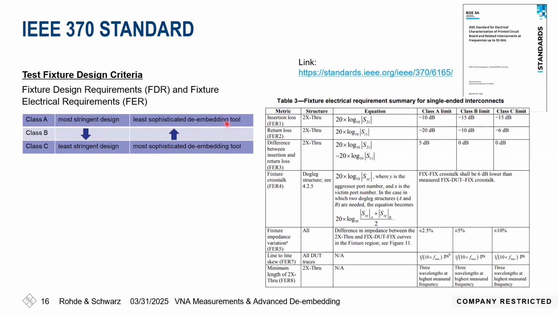And if the coupons lie in class C, then the tool has to have a very good software algorithm running that can handle these lower design requirements of class C. So we have to be careful when we are designing the test coupons.